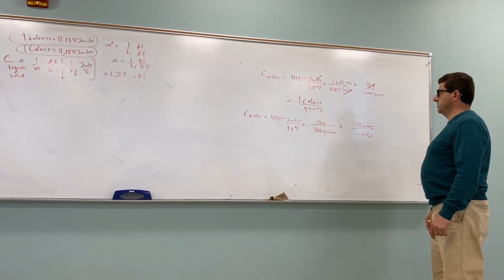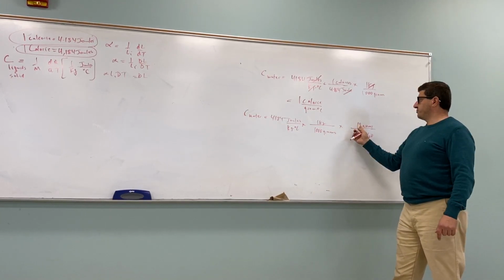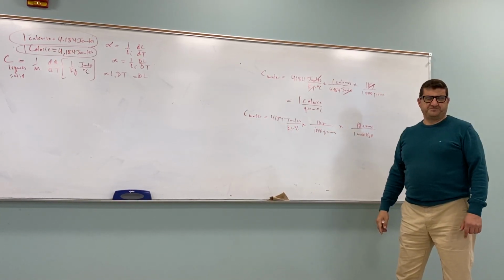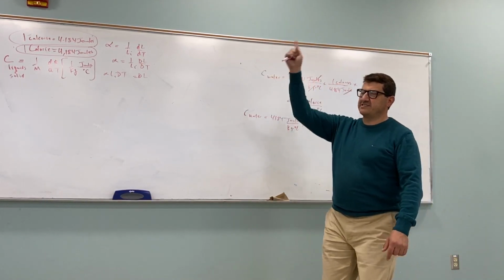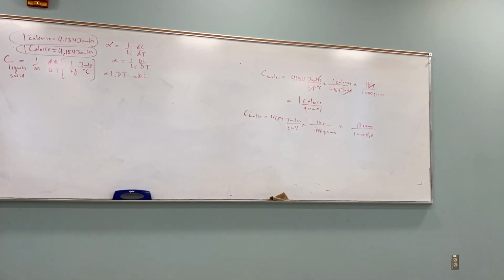Now divide 4,184 by 1,000, multiply by 18. And you should get 75.31.